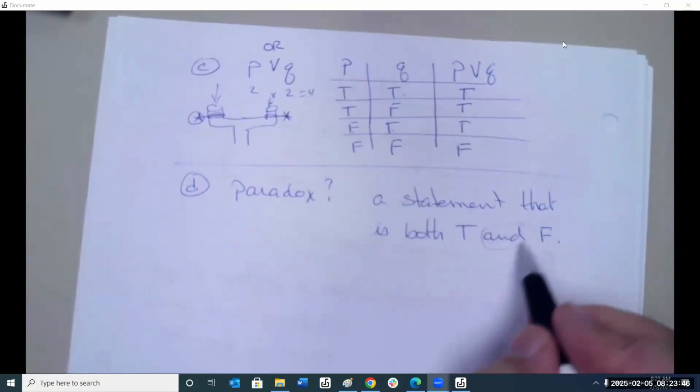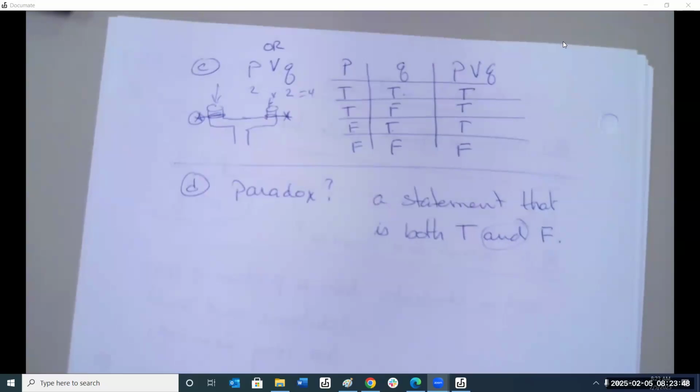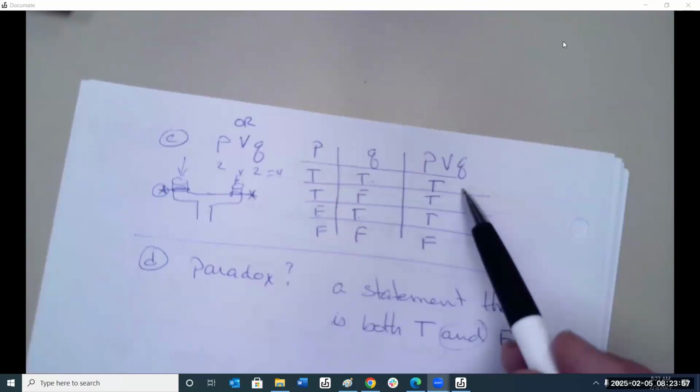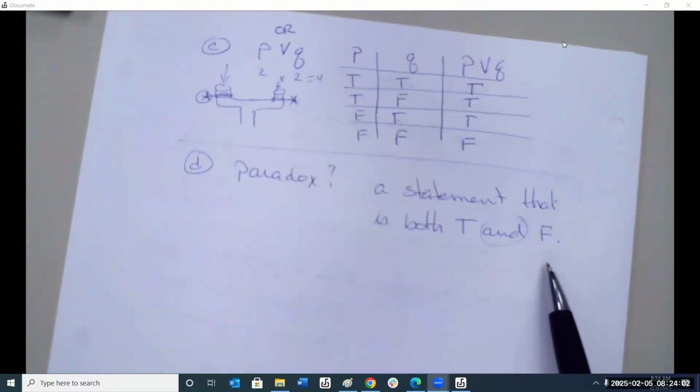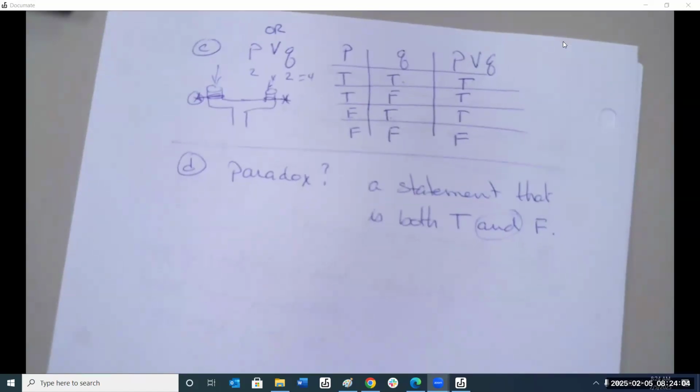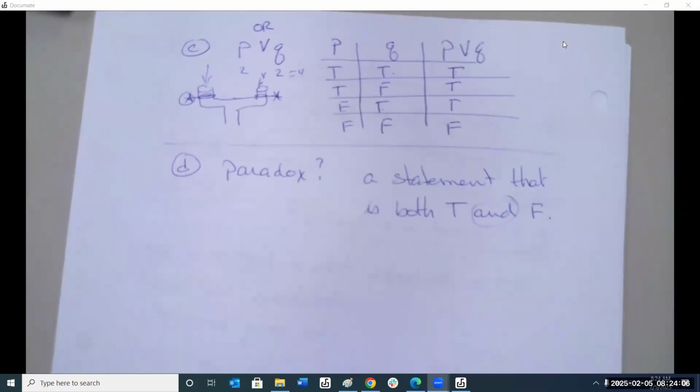Why can we not use or? Because if it's or, all of these, the answer could be true or false. It doesn't mean anything. But if the answer is true and false, that can't be true. That's never true.